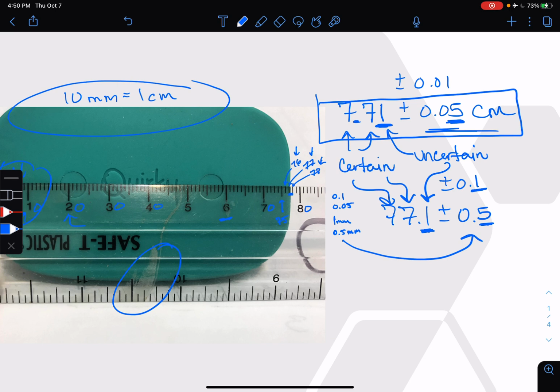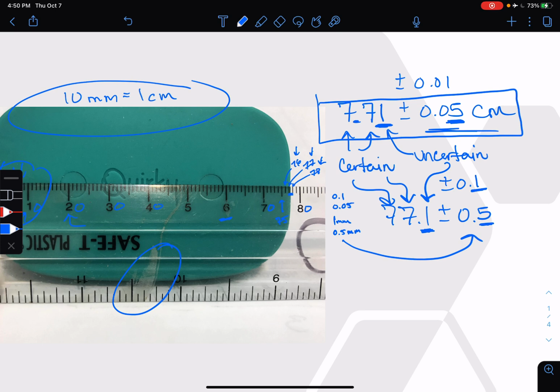So I'm going to lower the uncertainty there and say I'm so sure of it that it's only going to be plus or minus 0.1. So it could be 77.0, 77.1, or 77.2. I'm very sure. Okay, so that would be legitimate too.